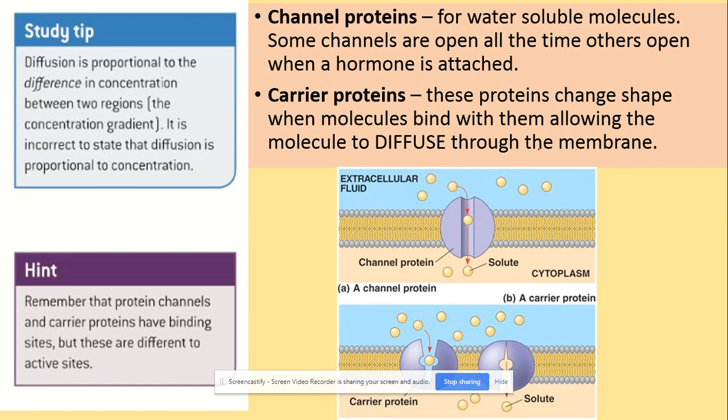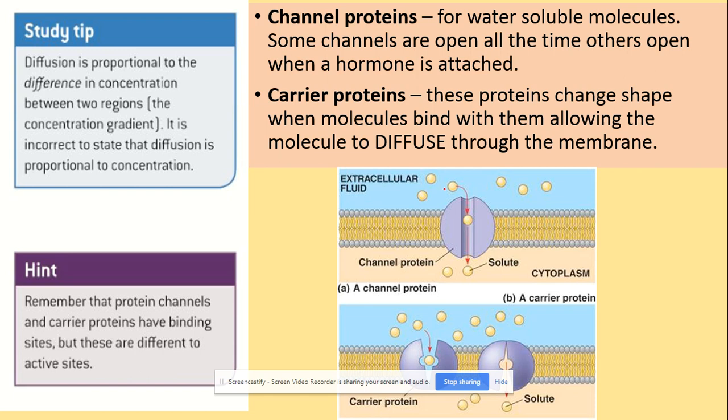So what is actually the difference between those proteins? Channel proteins are for water-soluble molecules, and some channels are open all the time, but others open when a carbon is attached, for example. And the carrier proteins change shape when the molecule binds with them, allowing the molecule to diffuse through.